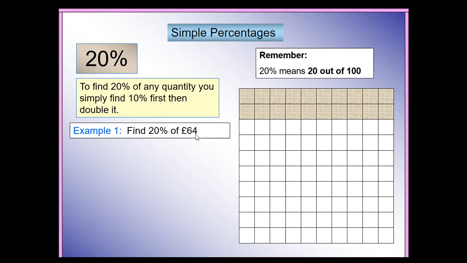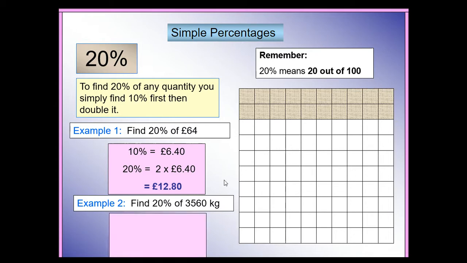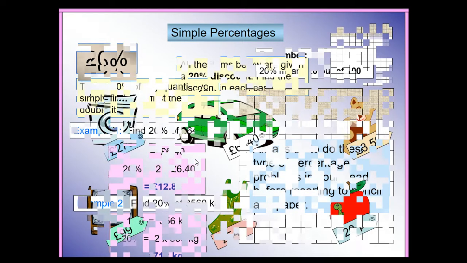So what's 10%? £6.40, and double your answer, and we get £12.80. 10% is 356, double your answer, and if you have to do a sum, do a sum. Always try to do them mentally, so if you find 10%, another thing is to say 640 plus 640.